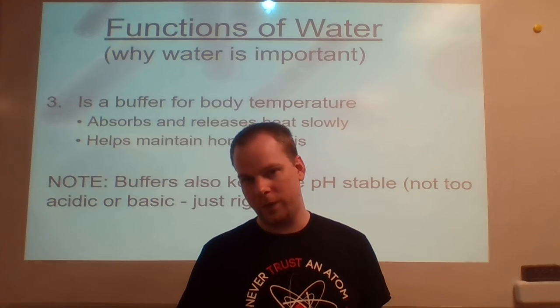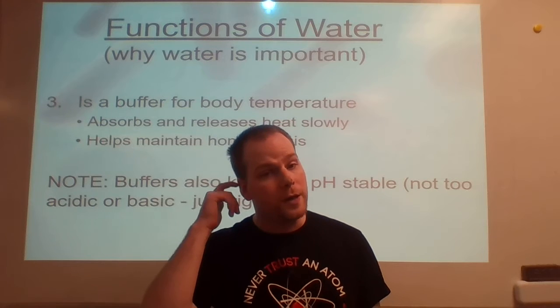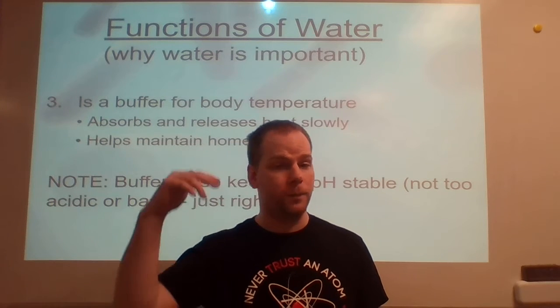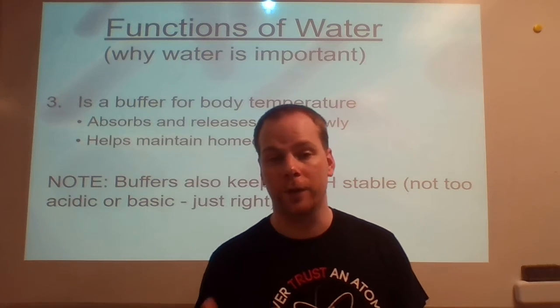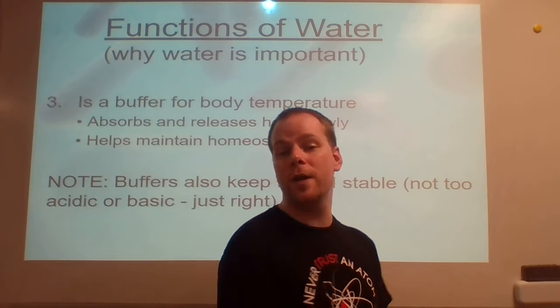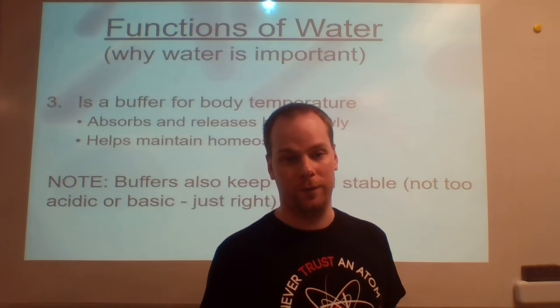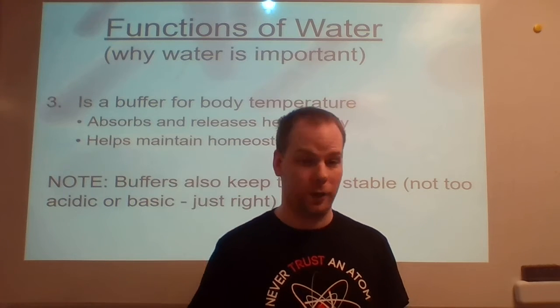On the coasts, this is not the case, especially close to the equator. Now, the farther from the equator you get, both farther north and farther south, this is less true. But on the equator, they frequently see temperature ranges over the entire year of less than 10 degrees. And that is because of the water.